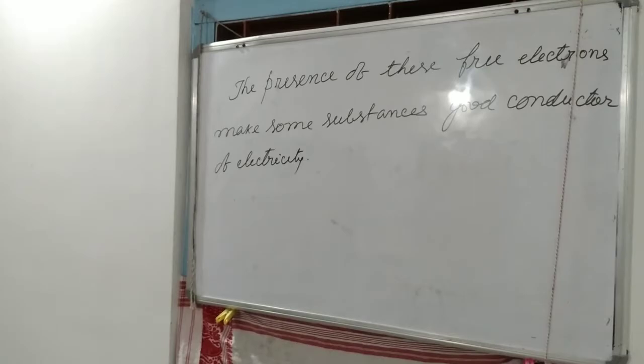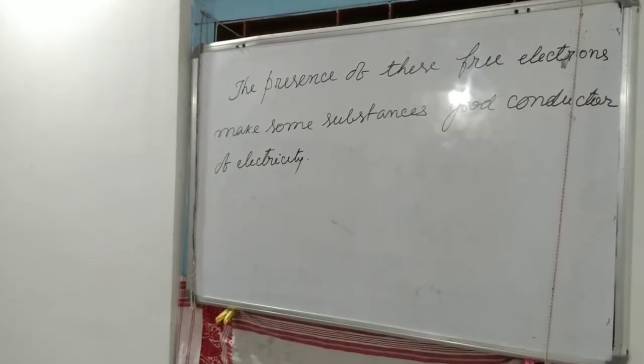Thus, the presence of these free electrons in a conductor makes them a good conductor of electricity. That means in some substances we have some free electrons which can move freely within the metal, within the wire made of such substances.